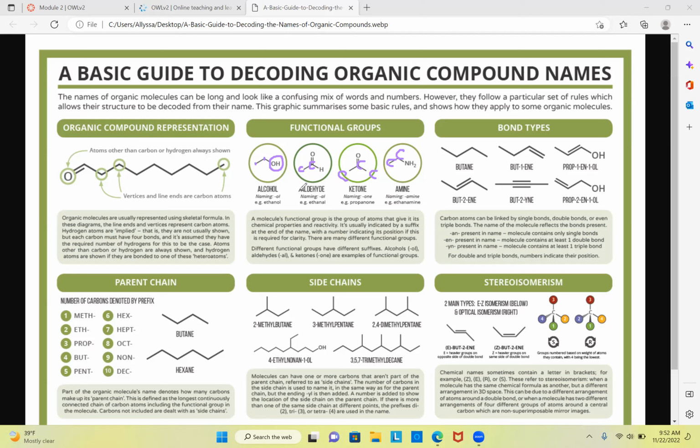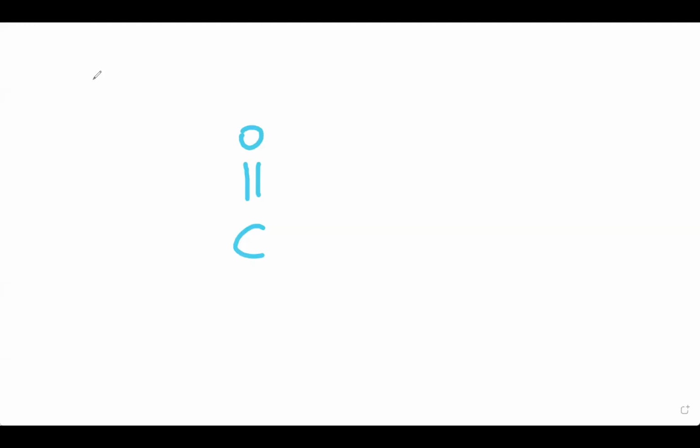Now, there are a couple other functional groups as well that I would like you to know. So let me go through a few of them. One is a carboxylic acid. And what you'll see is you have a C double bonded O, and then there's this other alcohol group together. Be careful.